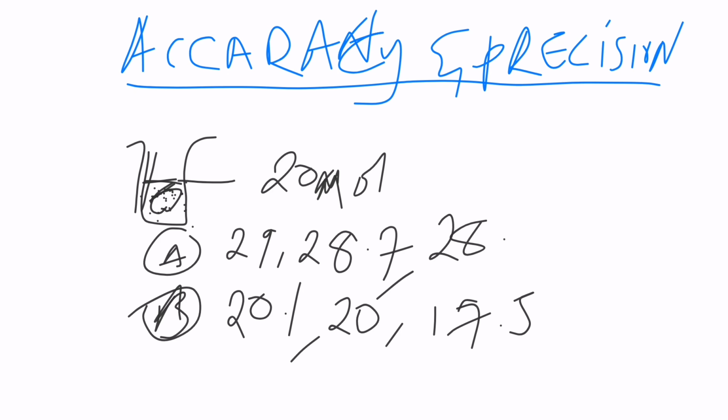So they ask you which measurement is accurate and which measurement is precise. What is the correct answer here? Most will say precision is this one, accuracy is this one. Now explain why you picked this one to be accurate.